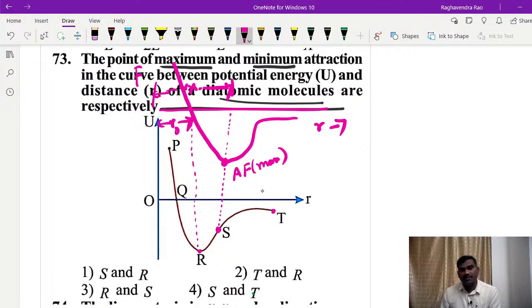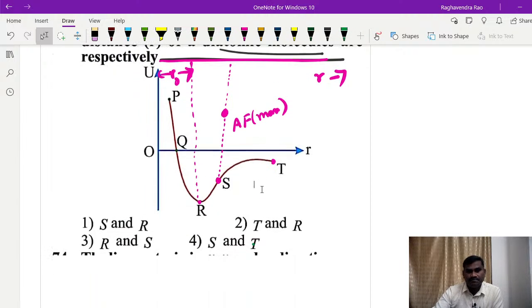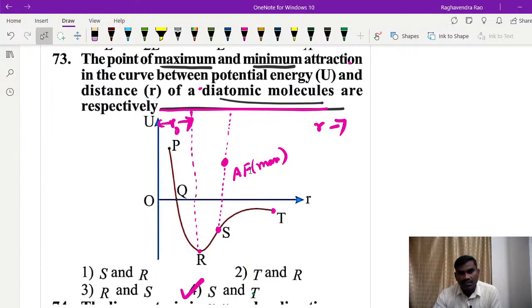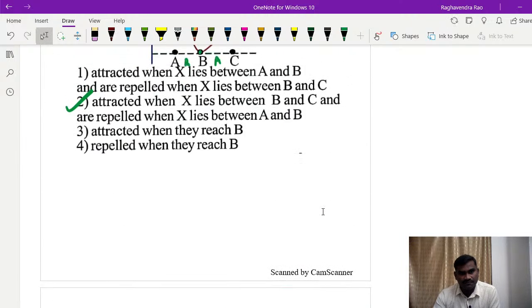R0 is the separation between the two atoms where attractive and repulsive forces are balancing with each other. They are asking for maximum and minimum attraction: maximum attraction at point S, minimum attraction at point T. Like this they will ask the question from the graphical representation. That is the first question.